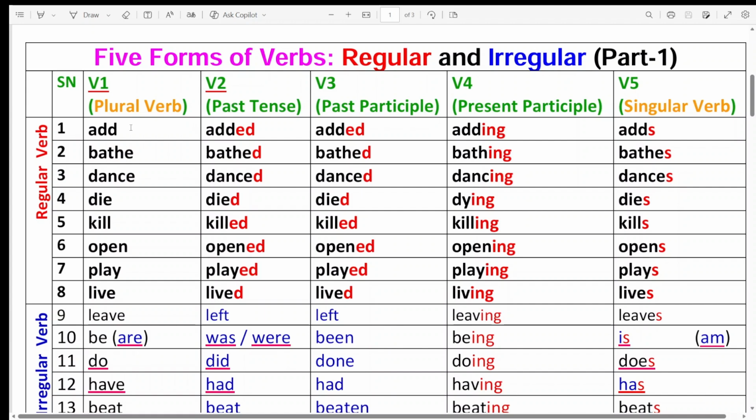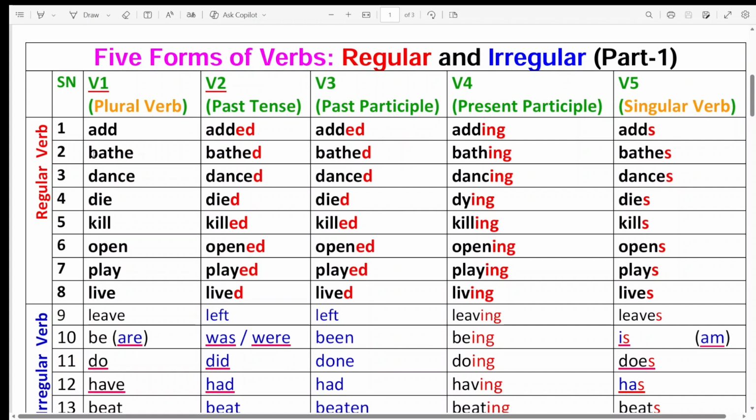We can practice them. We can memorize them. So here, regular verbs are those that end in ed in V2 and the same in V3. V2 and V3 appear the same and are formed the same way, which means they end in ed. Like you see, add, ed added. Likewise, number two, bathe, and its V2 is bathed, and so is the V3.